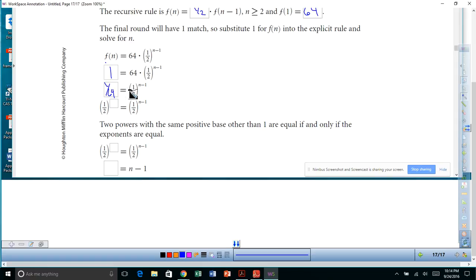To solve this, we need to get the same base. So that would be 1/2 to the 6th power equals 1/2 to the N minus 1.